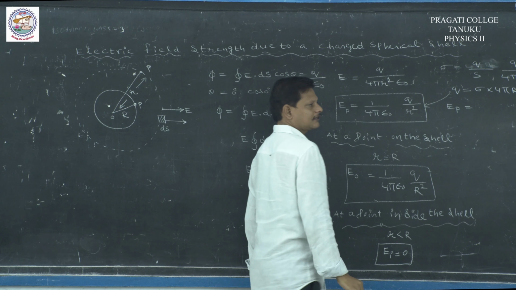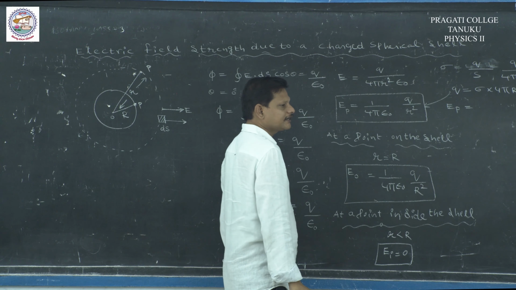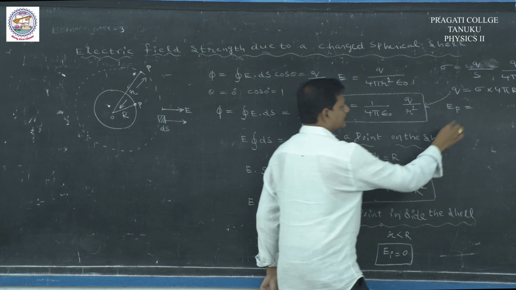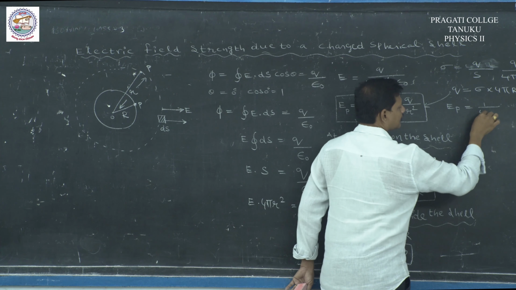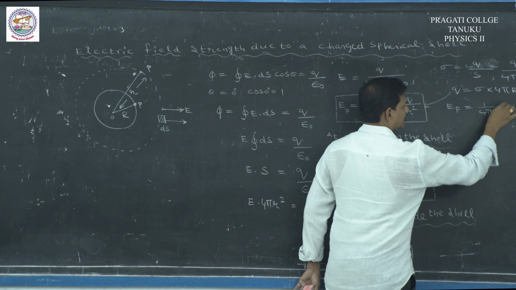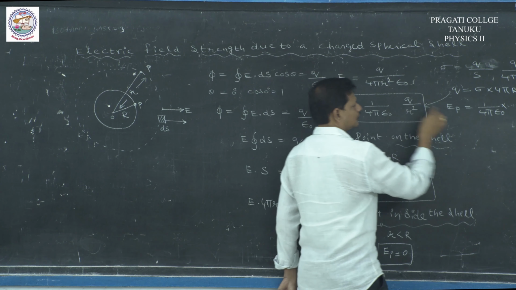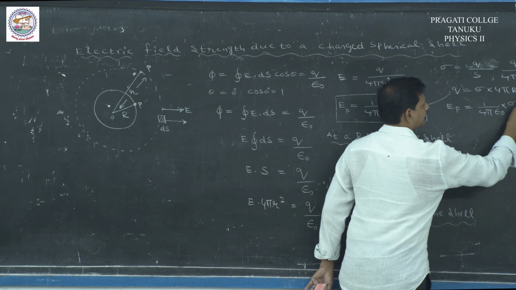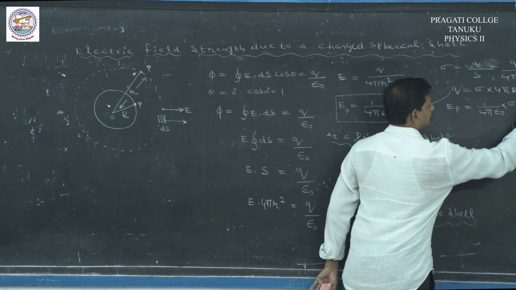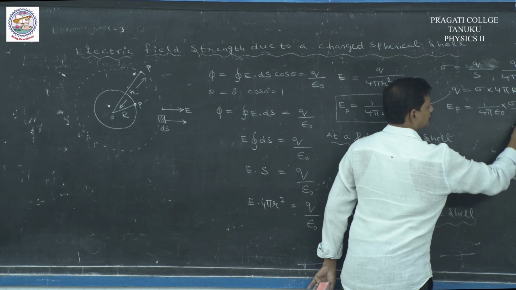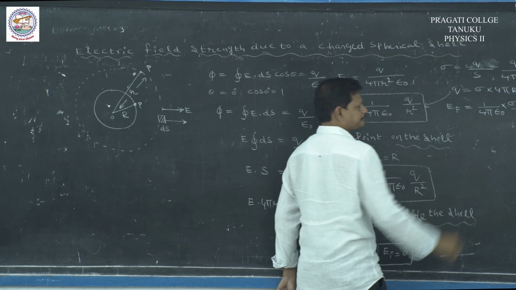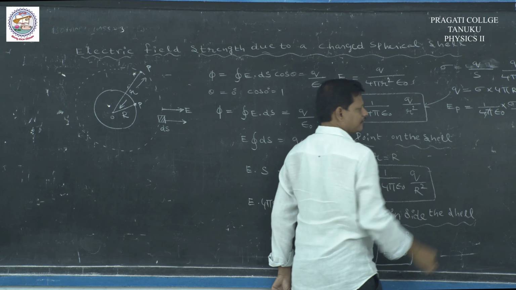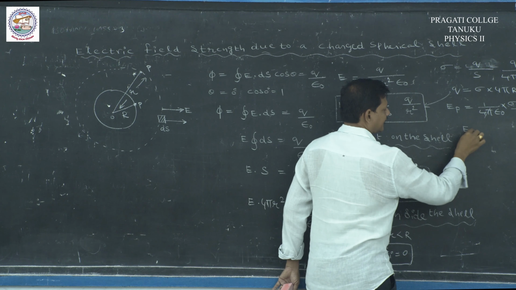E outside the spherical shell is 1 by 4 pi epsilon naught into sigma into 4 pi capital R square by small r square. 4 pi cancelled.